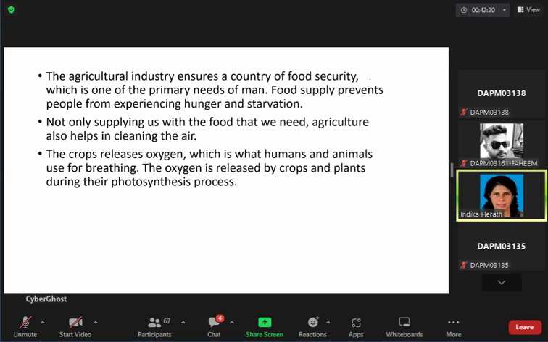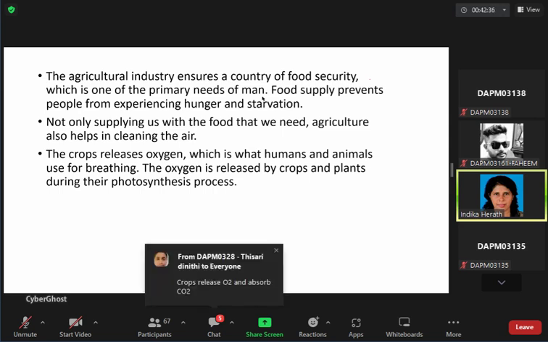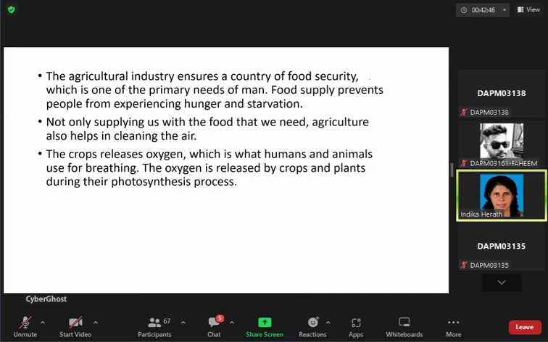So all of you have learned about photosynthesis that is happening in plants. I think many of the students have done agriculture. That's good. If you have not learned agriculture, don't worry too much about it.